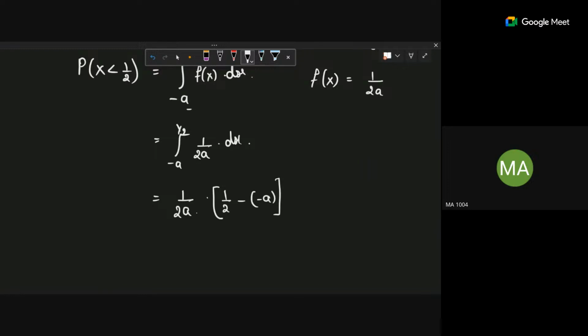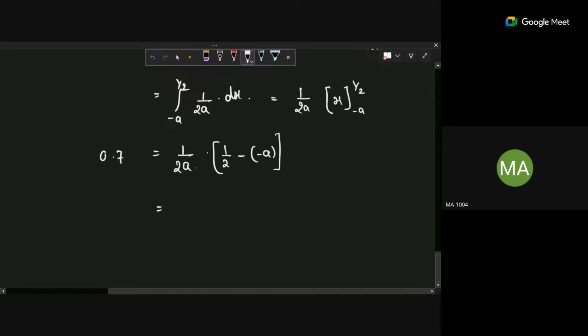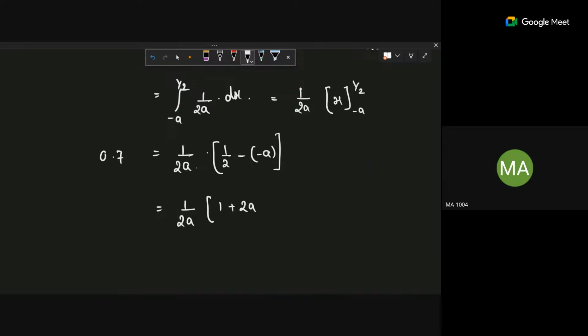Is it fine? Yes. 1 by 2a is constant and the integration will be x from minus a to 1 by 2. This probability is given to us, that is 0.7, and 1 by twice a times (1 plus twice a) upon 2.